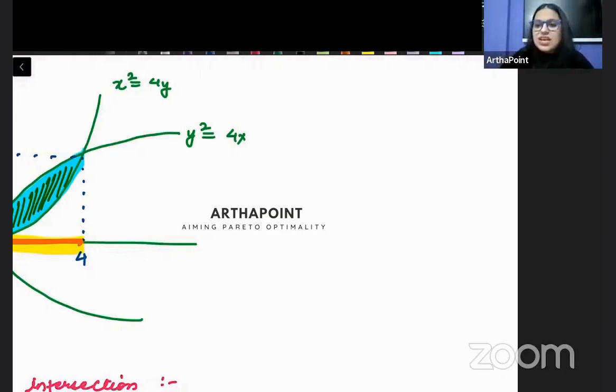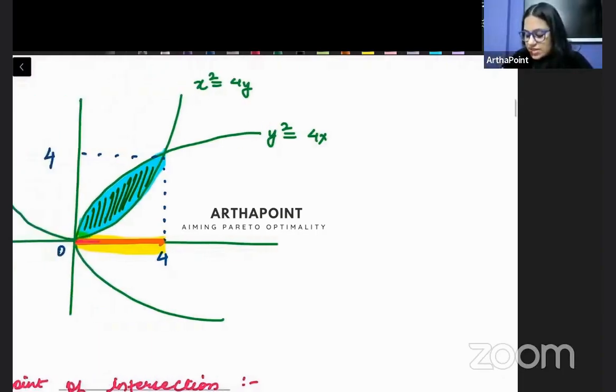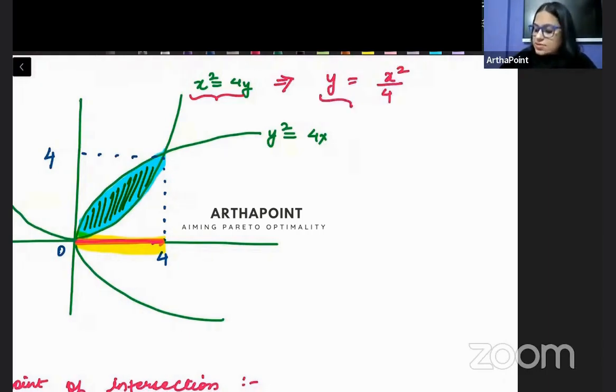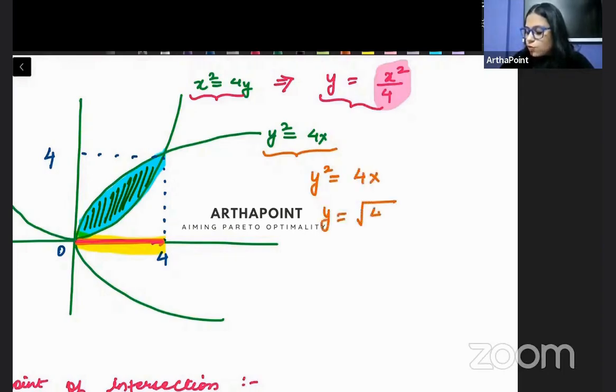So because I am integrating across the x-axis, if x square is 4y, it means that beta y will be x square by 4. तो ये कर्व x के टर्म्स में हो गया y is equal to x square by 4. और ये वाला कर्व, this is given to me as y square is equal to 4x. तो y हो जाएगा बेटा root of 4x.